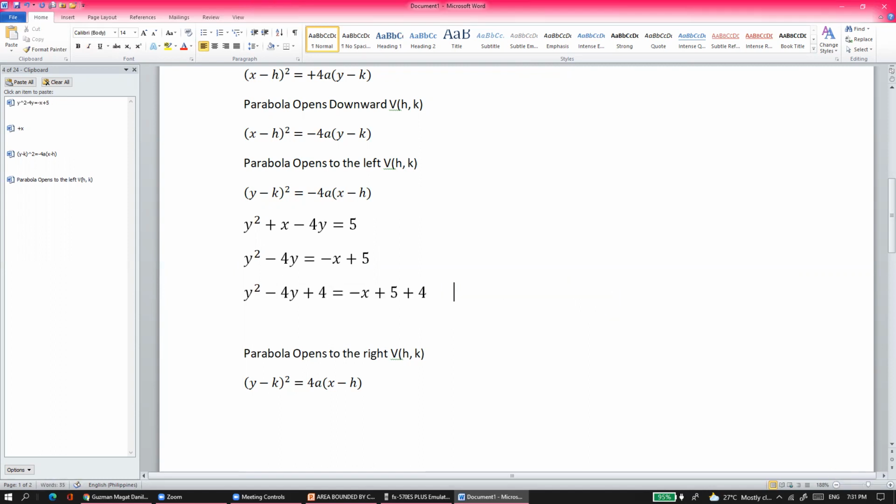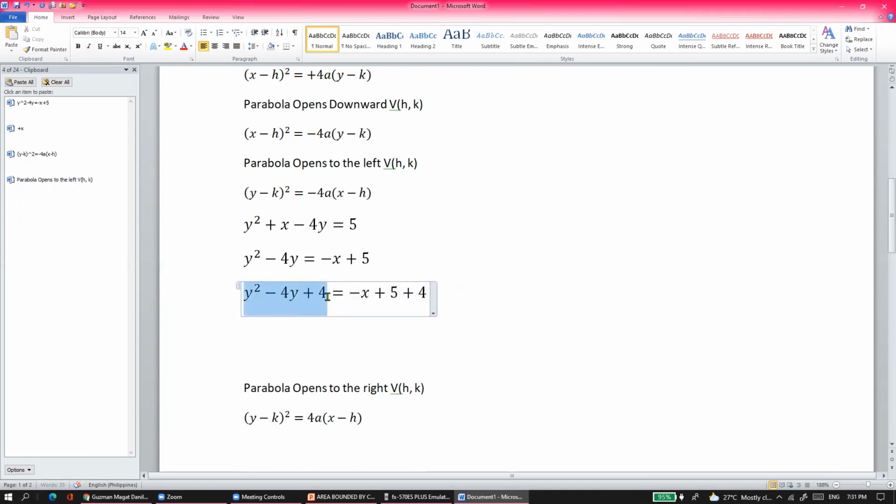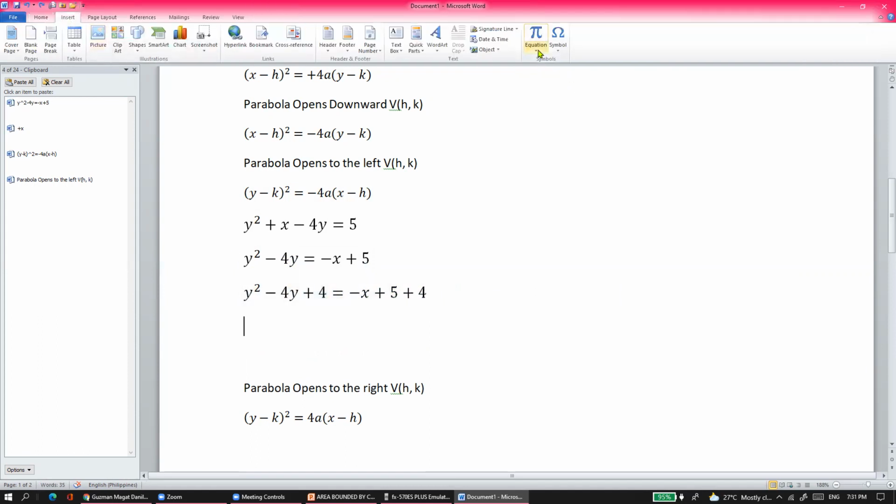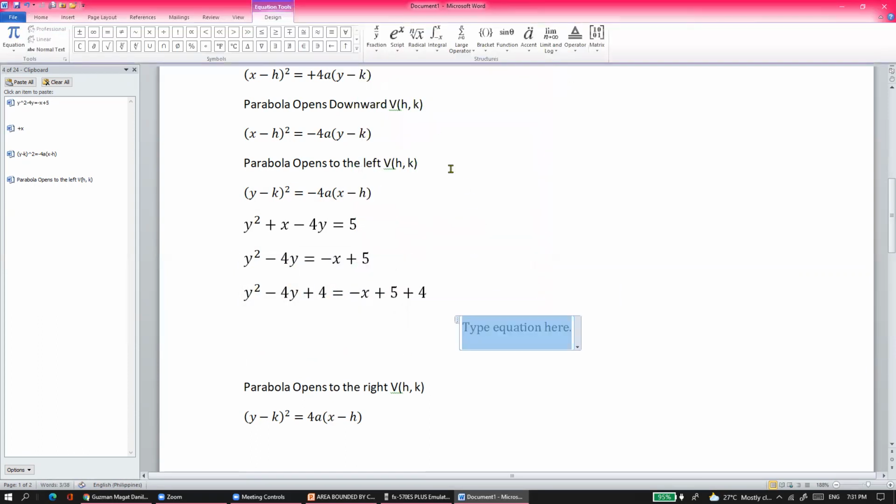And that's it. So kung sisimplify ko yan, this is a perfect square trinomial already. Yung y squared minus 4y plus 4 is actually a perfect square trinomial. So kung ito ay aking ipapactor, magiging ganito yan. Para kayong nare-review din ng analytic geometry niyan.